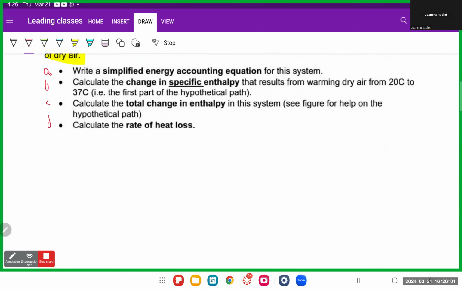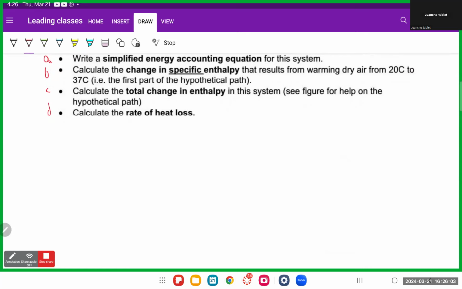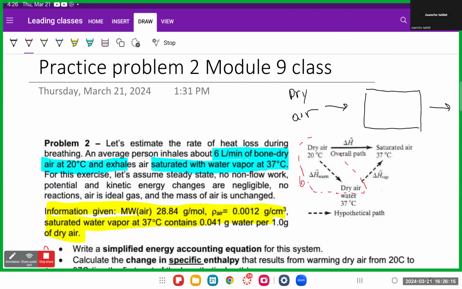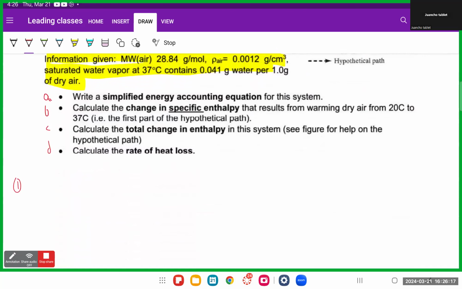We already highlighted, and the first thing that I want to do is rewrite some information. So what we're getting here at the beginning is volumetric flow rate. We know how much air is coming in. So we know that the volumetric flow rate of air coming in is equal to 6 liters per minute. From here we can calculate mass flow rate, forgot the little hat.